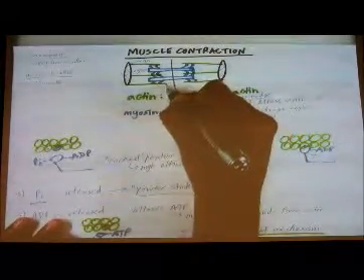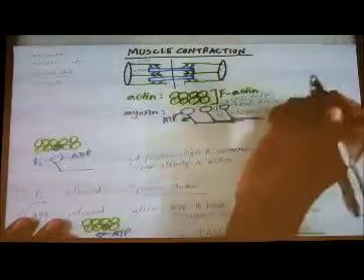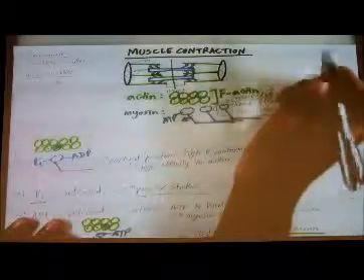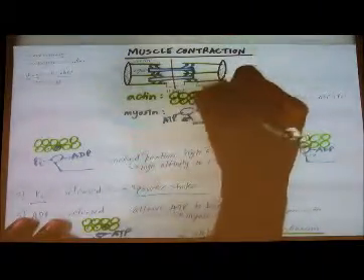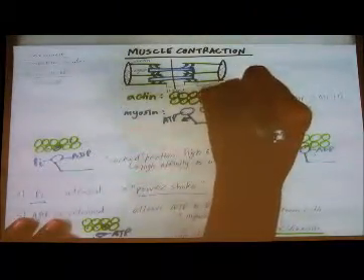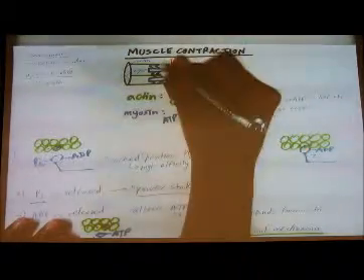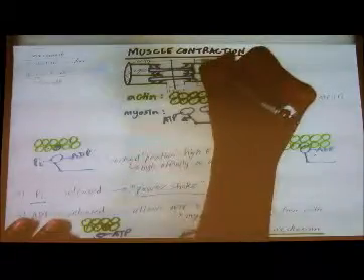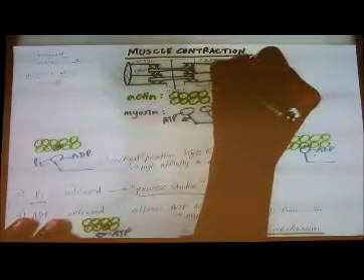So if you recall from our structure video, this would be the H zone. And then this would be the I band, since it only involves the thin filaments. And this together, the thin and thick filaments together, would be the A band.